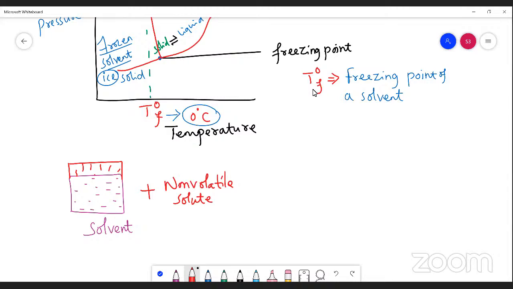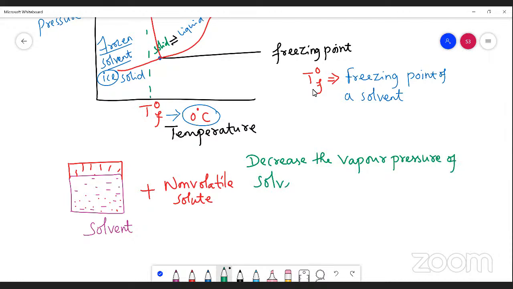Whenever you add a non-volatile solute like this, it decreases the vapor pressure of the solvent.